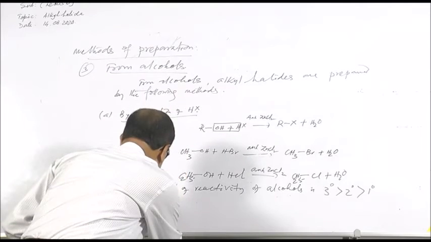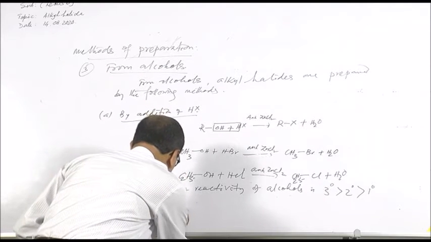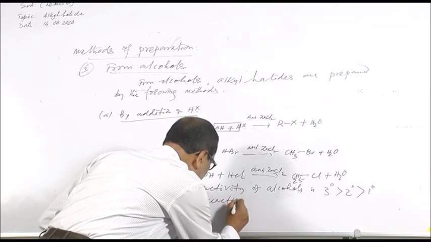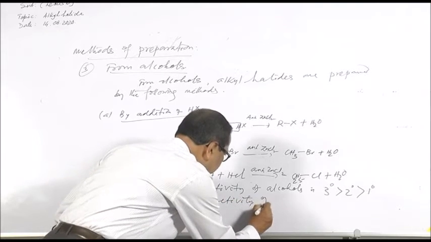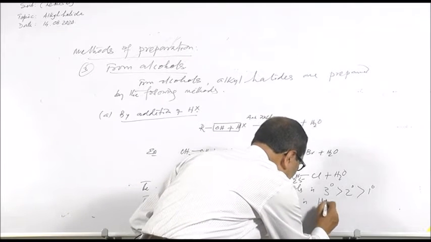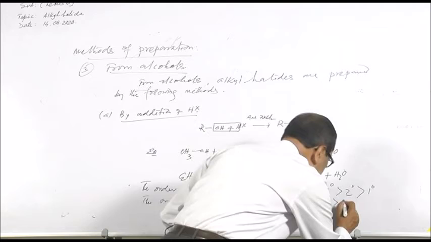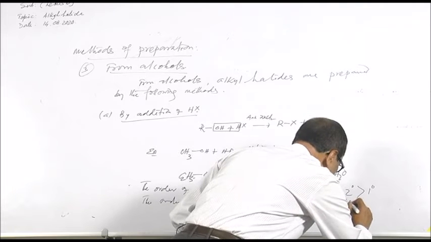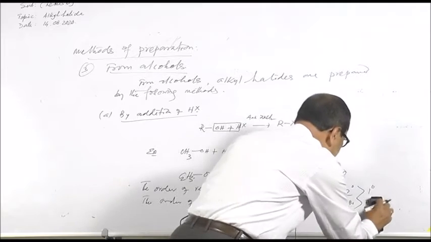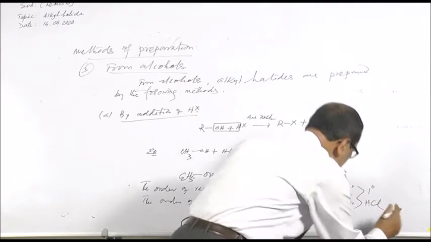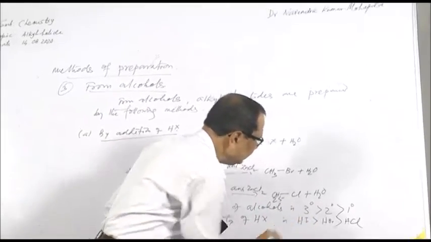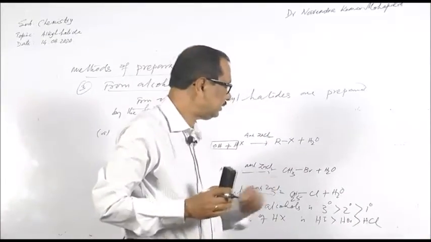The order of reactivity of HX is HI greater than HBr, greater than HCl.